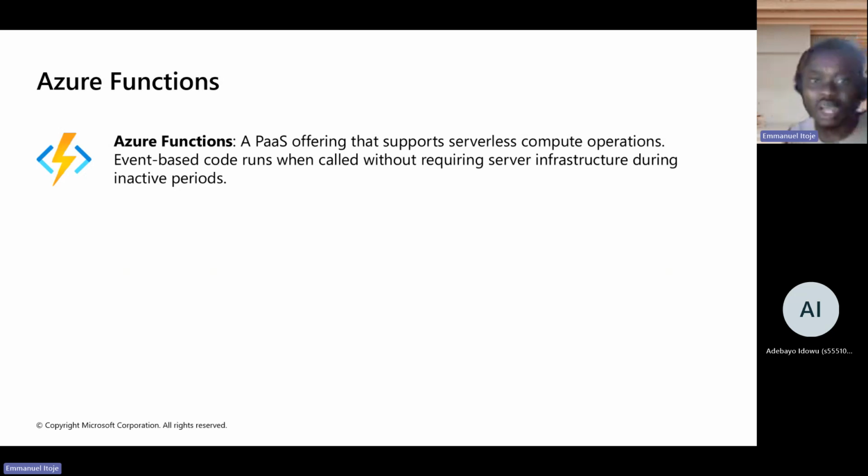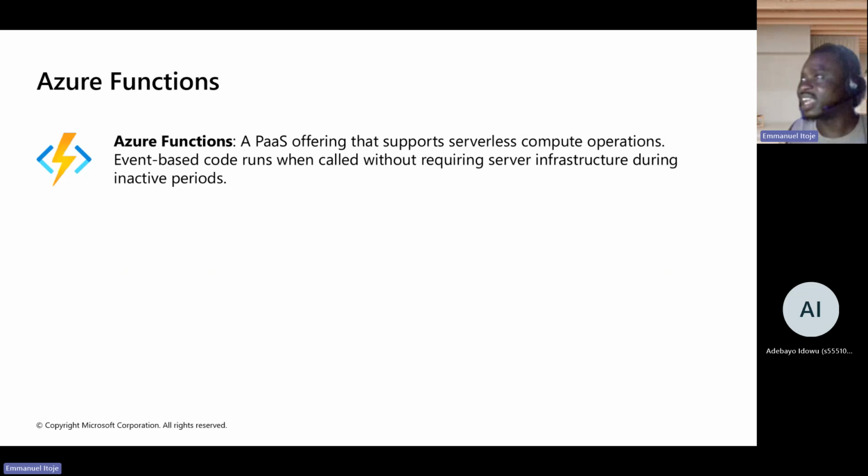So it's actually like a serverless compute operation. It doesn't require a server. So it's alleviating the need to keep resources provisioned when there is no event. It's only when an event happens that Azure Functions runs. When there's no event, the function is sleeping. It's an inactive period, so you are saving more for that period that the function is not running.